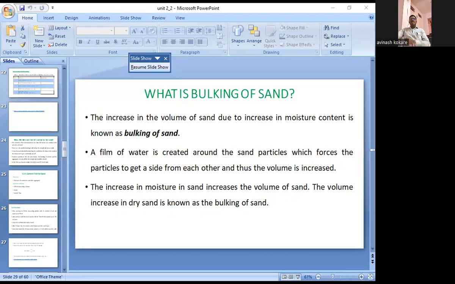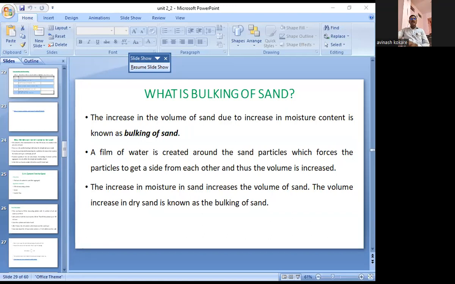A 5 to 8% increase in moisture in the sand can increase the volume by 20 to 40%. You can see here, a 5 to 8% increase in moisture in the sand can increase the volume by 20 to 40%.